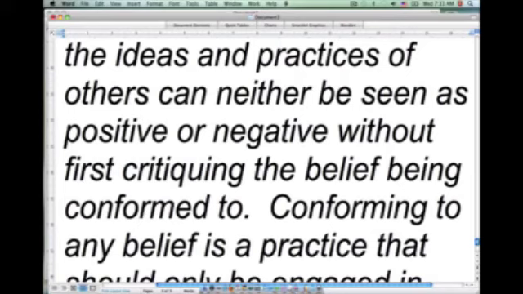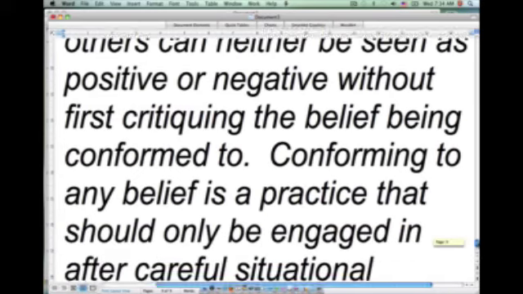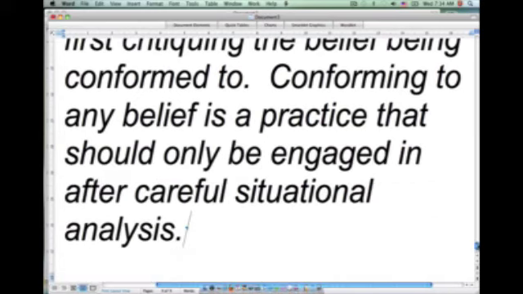So you can see here we're linking back to our thesis, right? Because in our thesis we said well, you can't say conforming is right or wrong. It's the subject or the idea that's being conformed to that is right or wrong. And here we're saying that again. Conforming to any belief is a practice that should be only engaged in after careful situational analysis.